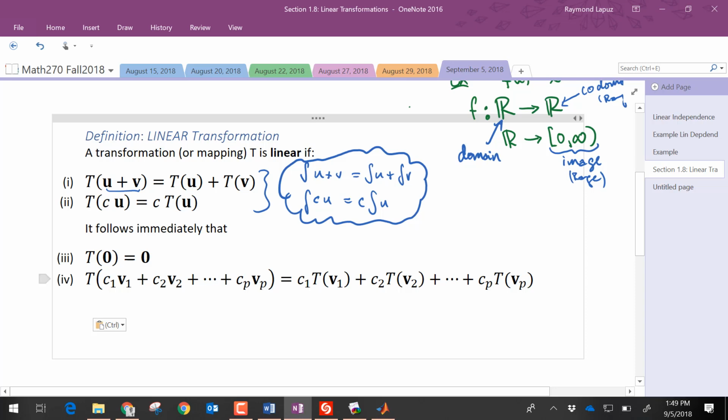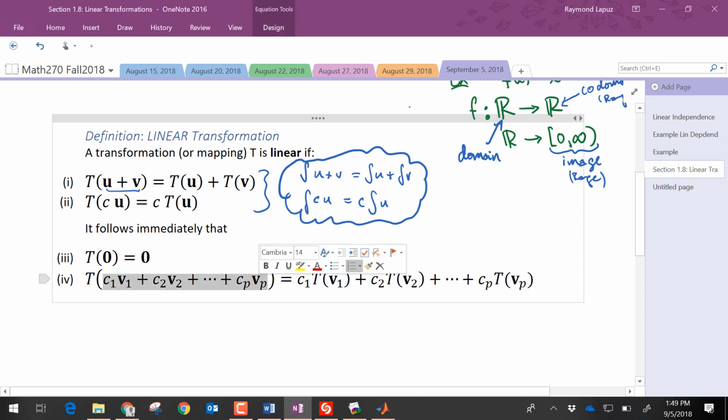Also, if you have more than 2 vectors that you're adding and scalar multiplying, what is this called again? It's a linear combination. Oh, right, you guys got that phrase down, right? If it didn't flow right out of your tongue, then keep practicing.